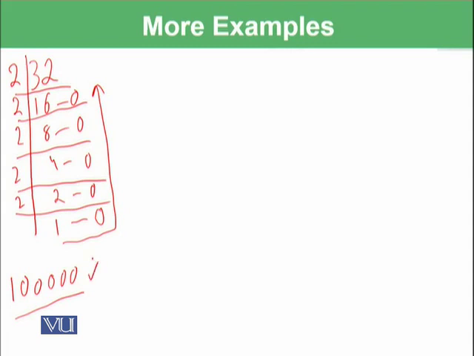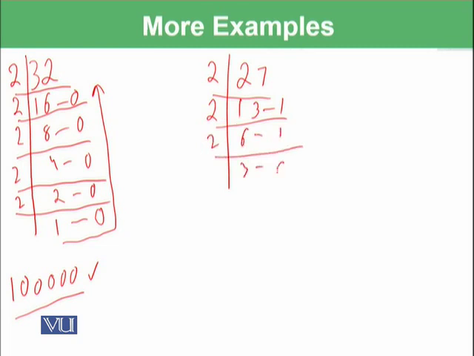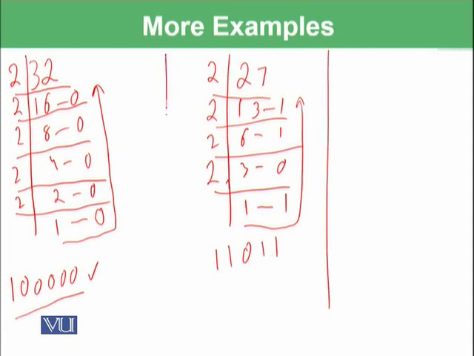Let's do another example. Say you want to display 27. 2 thirteens are 26, 1 is left. 2 sixes are 12, 1 is left. 2 threes are 6, 0 is left. 2 ones are 2, and 1 is left. So 1 1 0 1 1 is 27. Let's do another example.